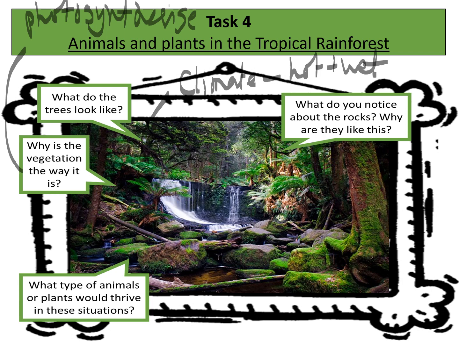What do you notice about the rocks? So if we look at the rocks, we can see that they're covered in lots of moss and algae, and that is because it's very damp and dark here. So we are looking at the shrub layer of the tropical rainforests.